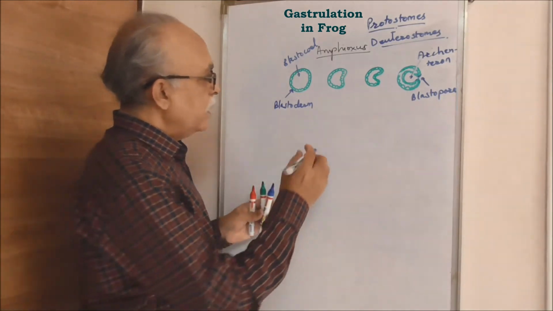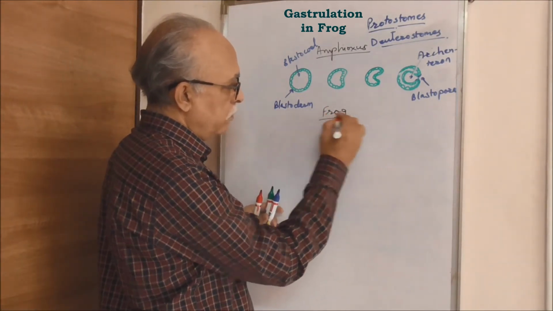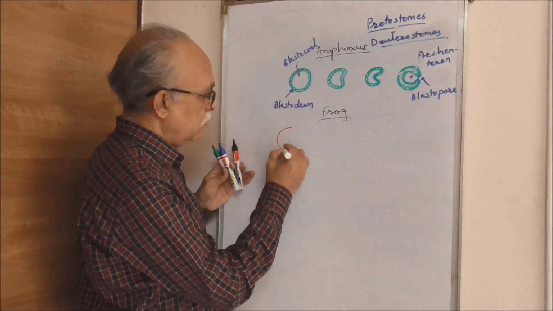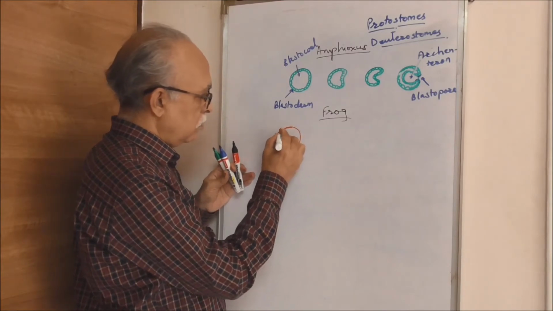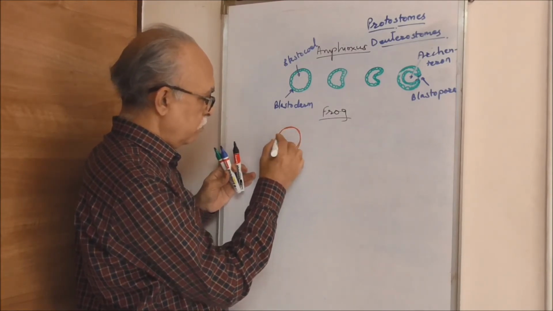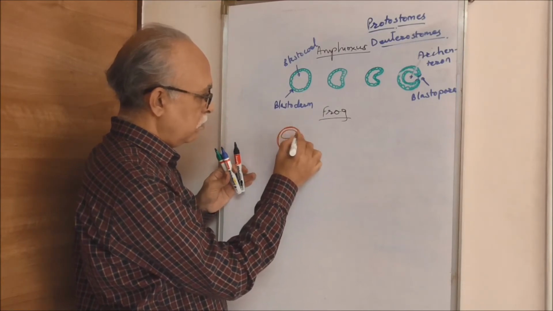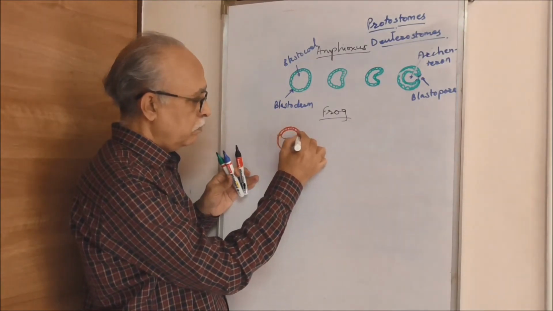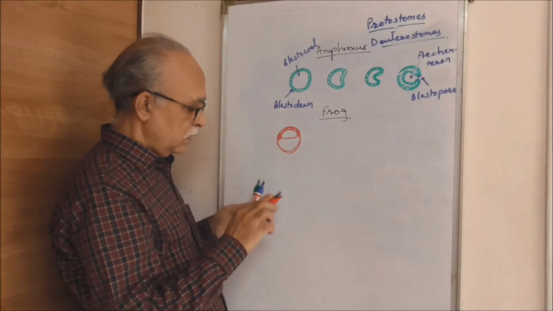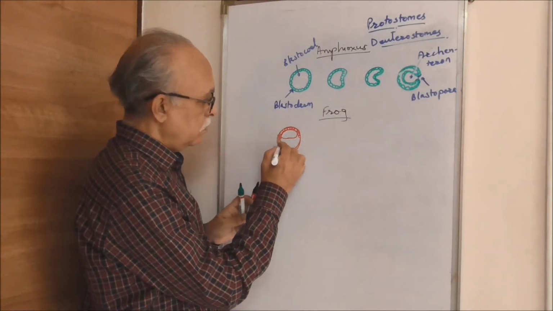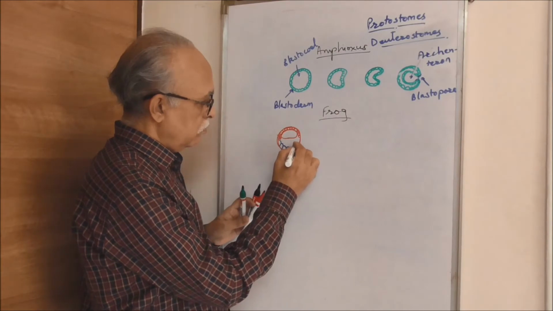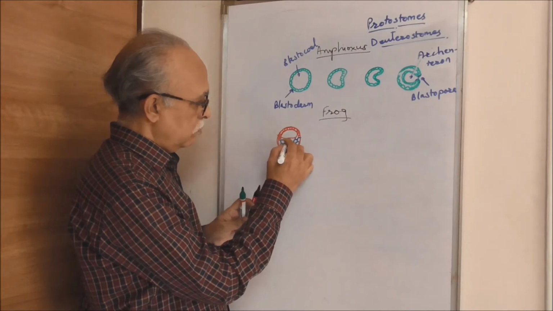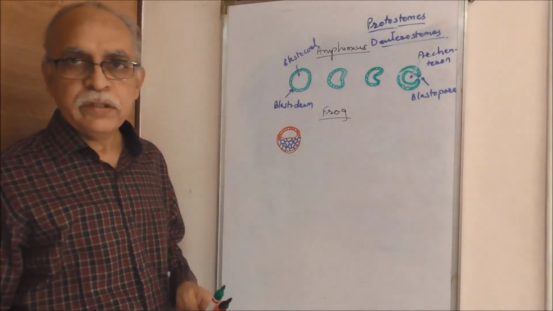Whereas if we start talking about what happens in frog, first thing that we must keep in mind, in frog, eccentrically situated blastocele, these are micromeres, these are megameres.